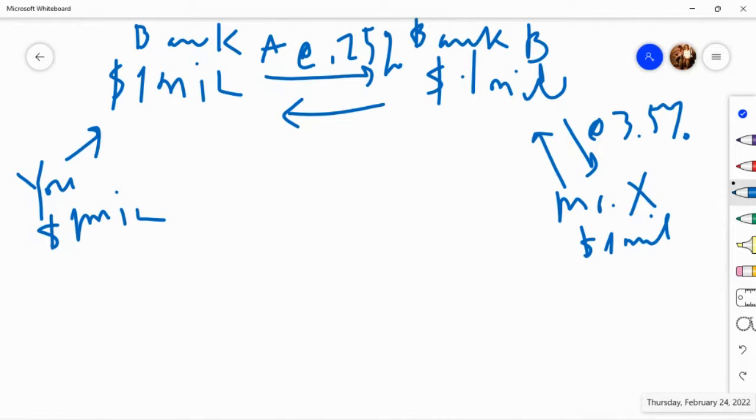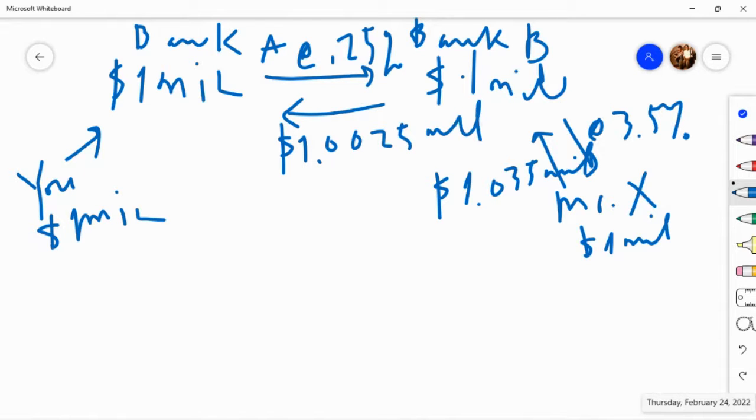So then he pays back, right? He pays back 1.035 million. That's like 1,035,000. But when they pay back to Bank A, they will only pay back 1.0025 million, right? 1.0025 million is 1,002,500, right?